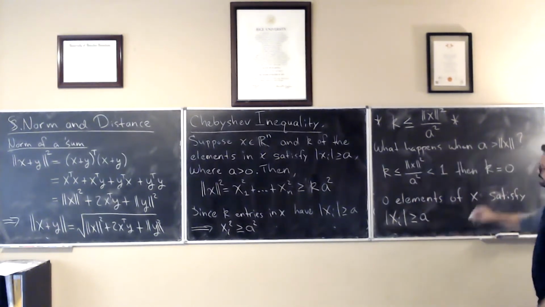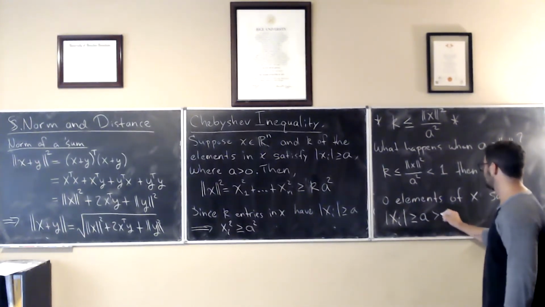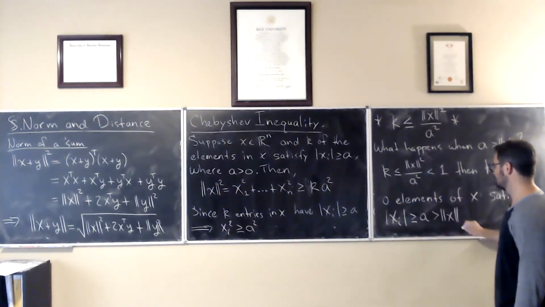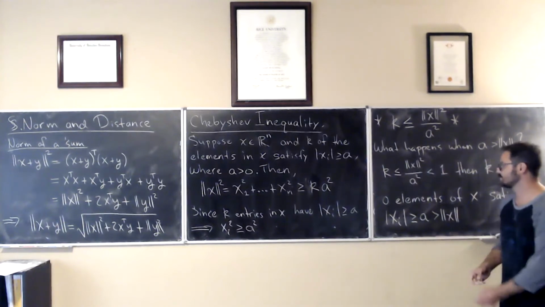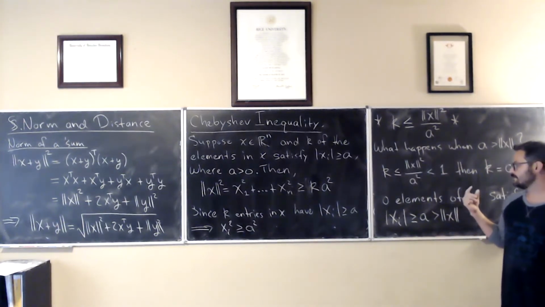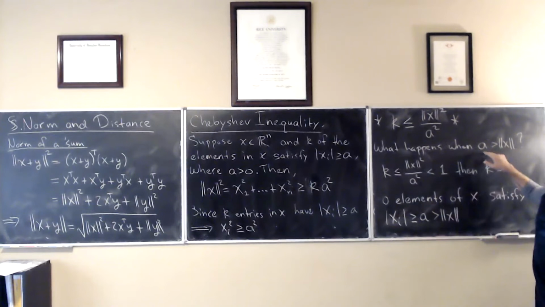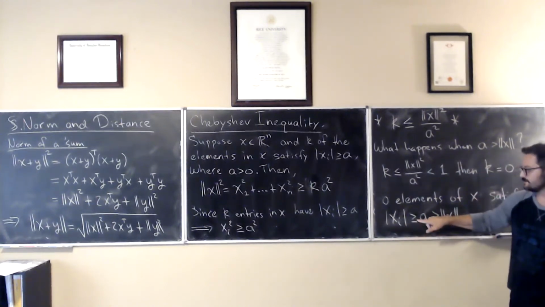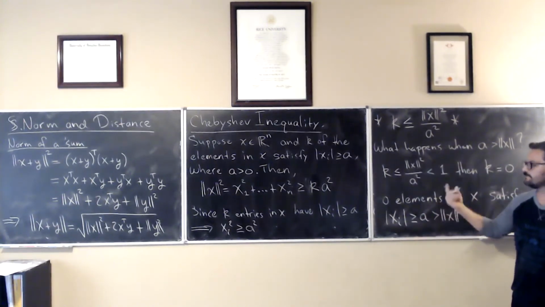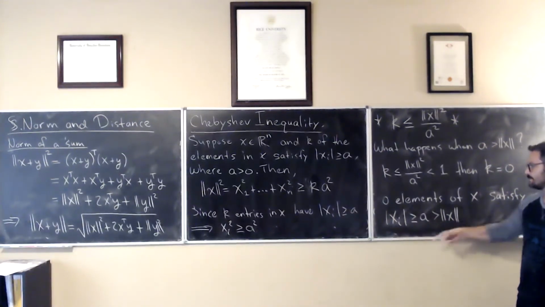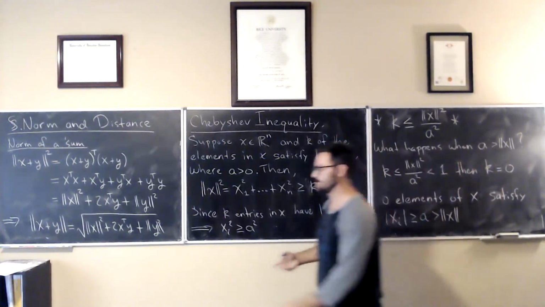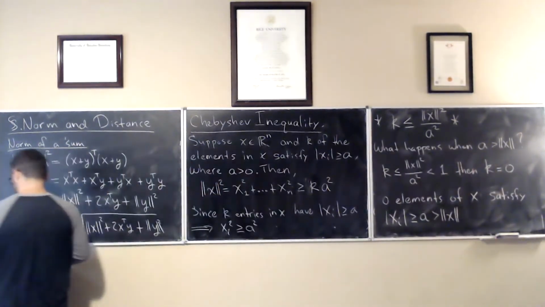But a is greater than the norm. So what we just derived is that no elements of the vector x can be strictly greater than the norm itself. That's what we learned.